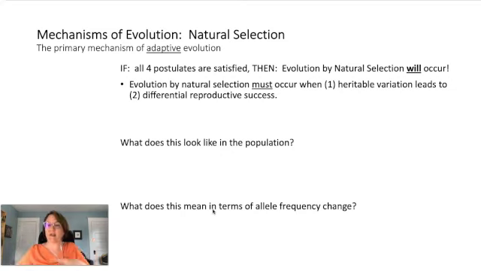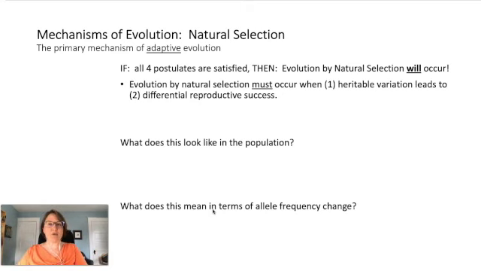Well, what it looks like is that over time, there are more individuals with the favorable phenotypes from the last generation in this new generation. So there's an increase in that number of phenotypes if evolution by natural selection occurs. In terms of alleles, it means there are more alleles in that population that contribute to the expression of the trait that is favorable.